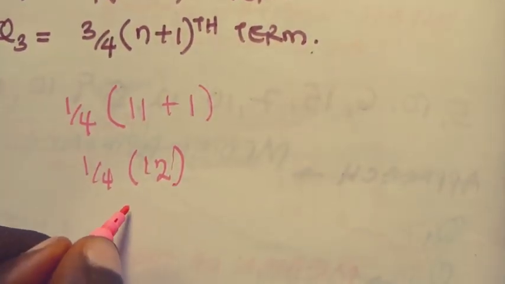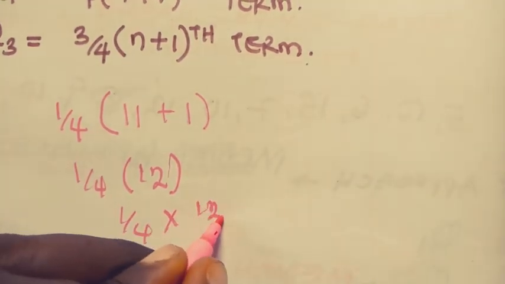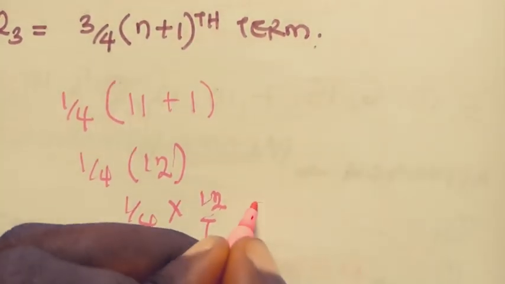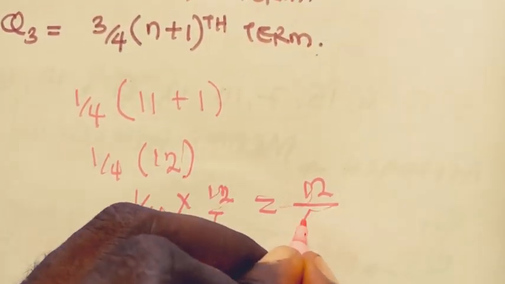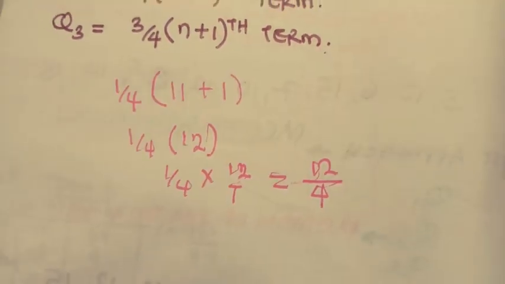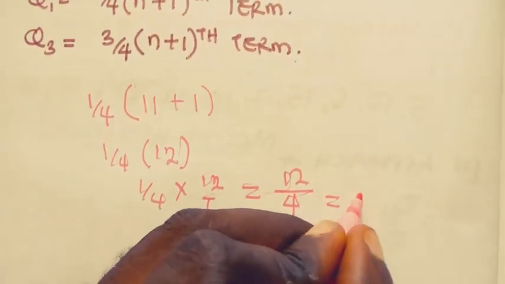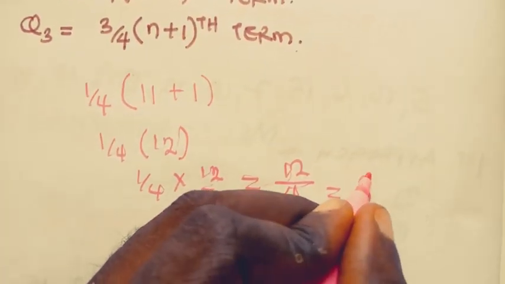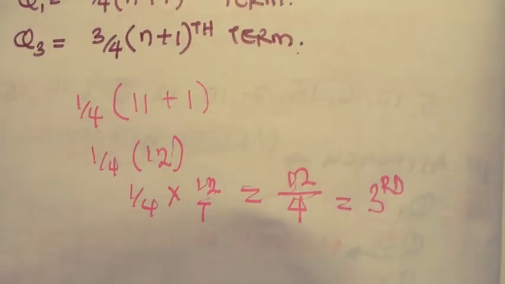This gives us 1 over 4 times 12 over 1, which is equal to 12 over 4. Dividing gives us 3, and that means the third term in the data set is our first quartile.